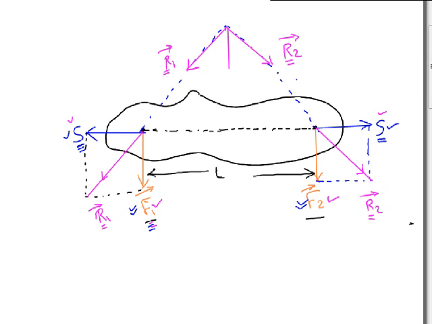One is F1, the other is S. Let me write that down. This is F1 bar, and this is S. Similarly, this R2 bar, we can split it into two components. Okay, F2 bar and S.